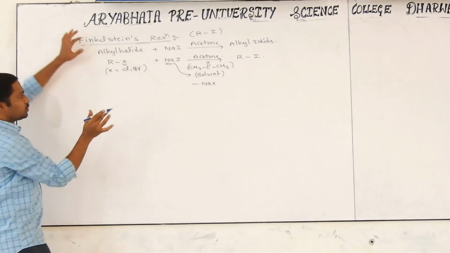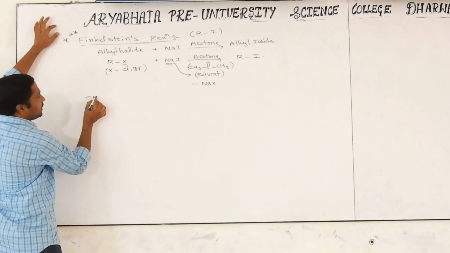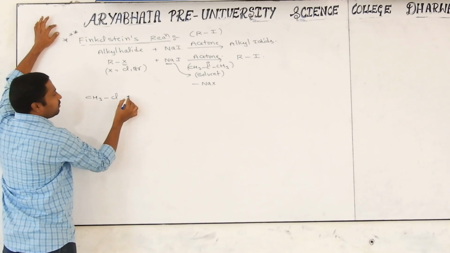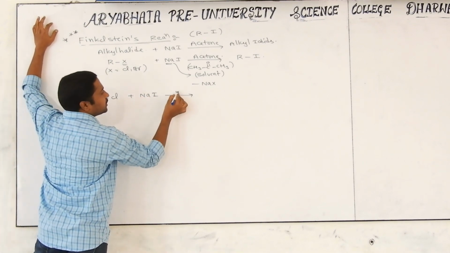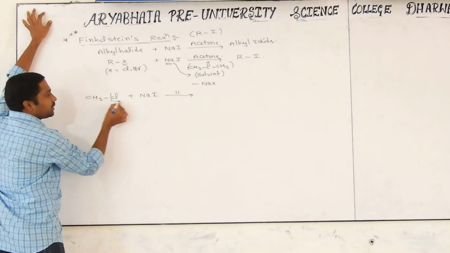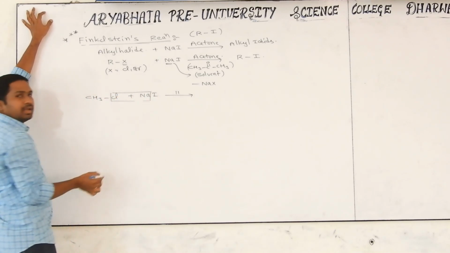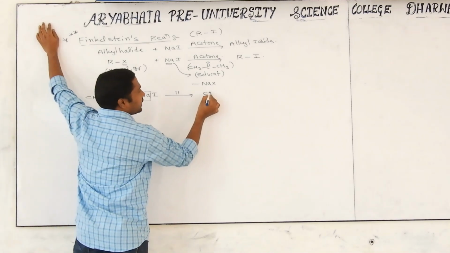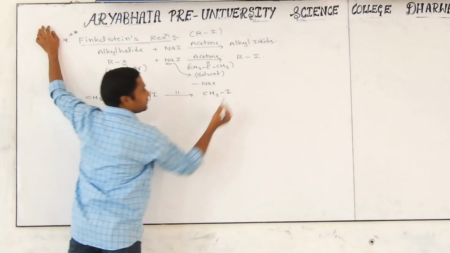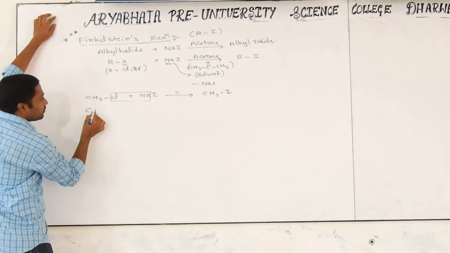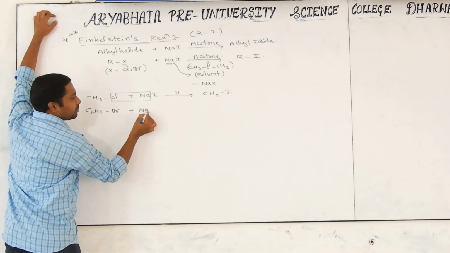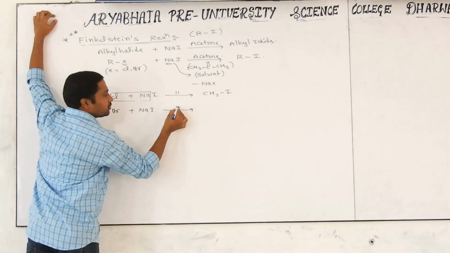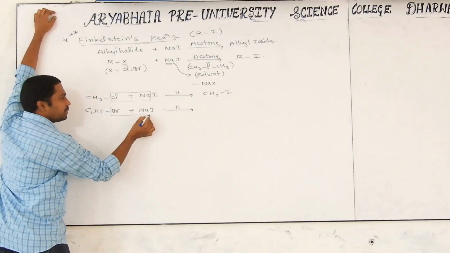Okay, I will give you some examples. CH3Cl will be treated with sodium iodide in the presence of acetone. Very clear now, what is happening here? NaCl is undergoing elimination, and after that we are getting methyl iodide. If you take, for example, C2H5Br treated with sodium iodide in the presence of acetone, very simple, you have to do many applications like this.